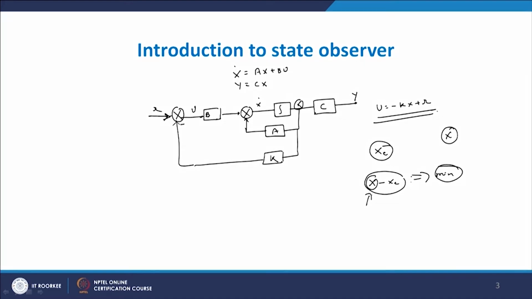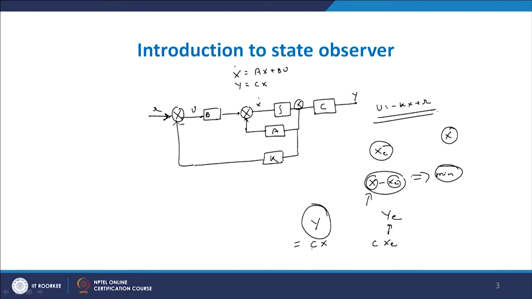Now the option is that we know the output of the system. Although we do not know the states, we know the output. Similarly, we know the output of the estimated state, with respect to x_e. Let us say the output is y, where y equals C into x, and this y_e equals C into x_e.